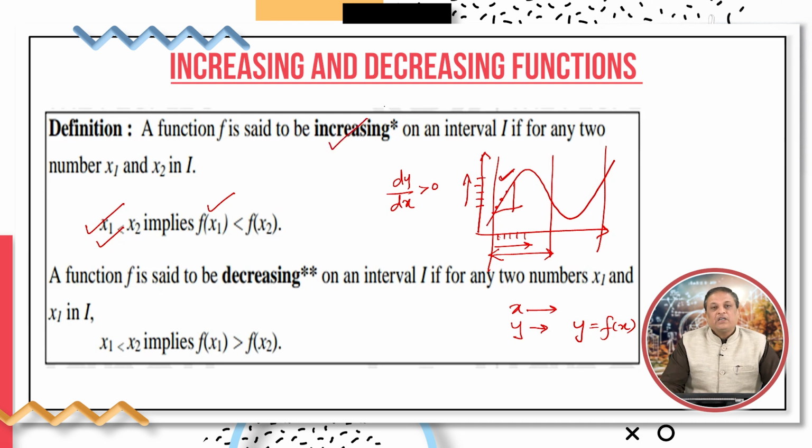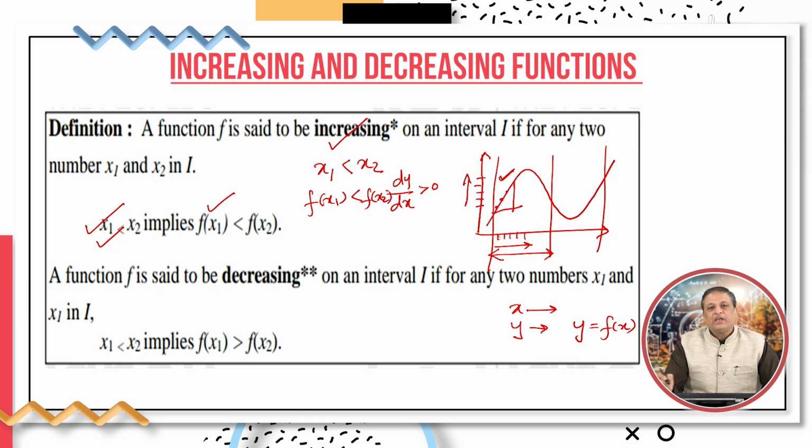So, a function is said to be increasing if, in an interval, for any two values x1 and x2, we find the pattern that if x1 is less than x2, then f(x1) is also less than f(x2).